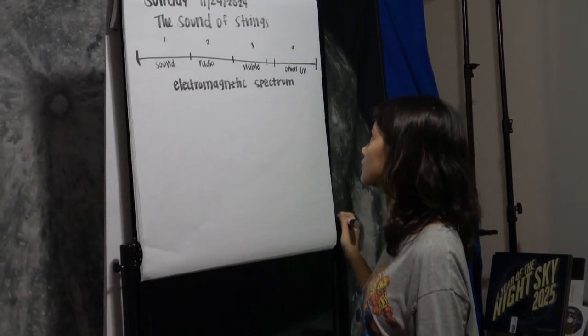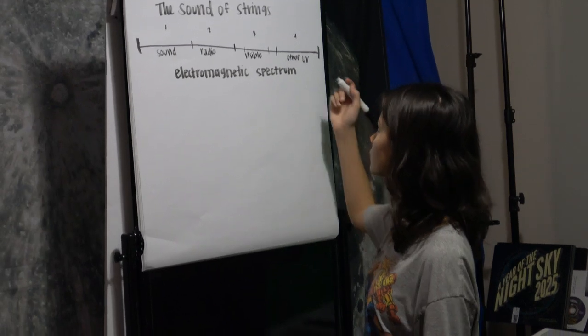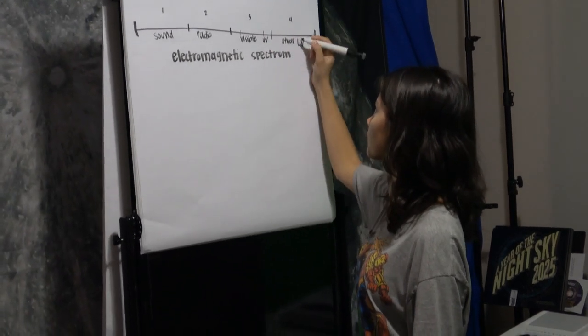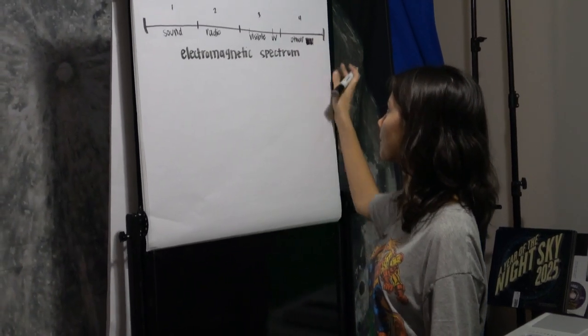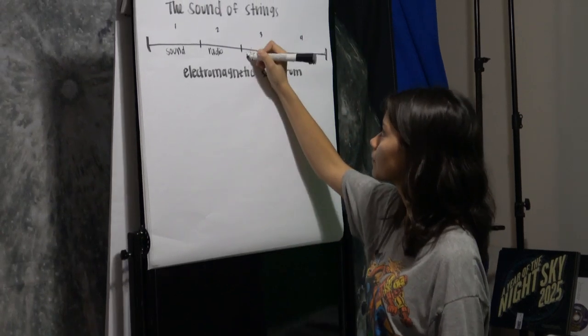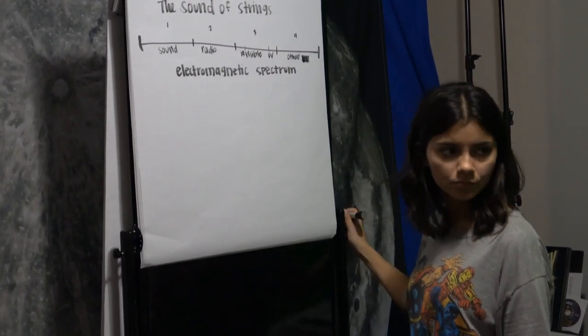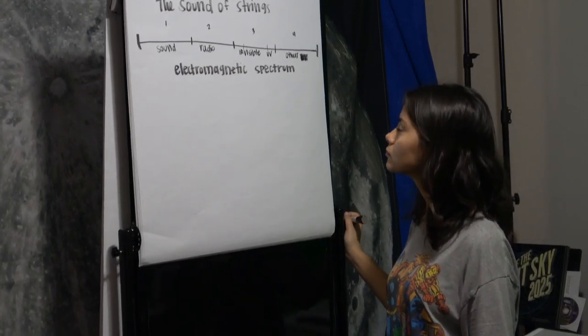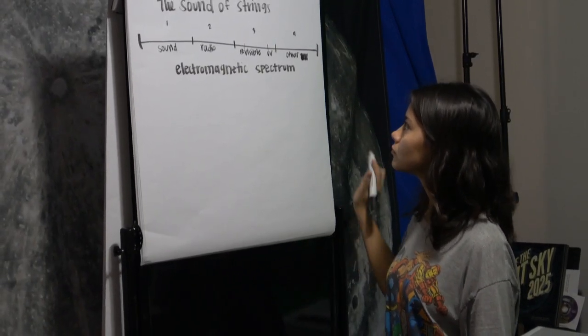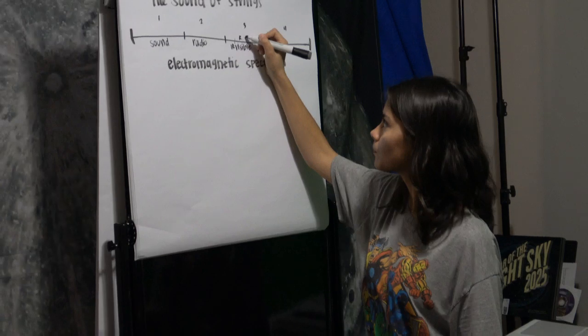I think under the visible, the right. There. On the other side, put IR, infrared. And then where we've got visible, put some lines down, RGB, red, green, blue.